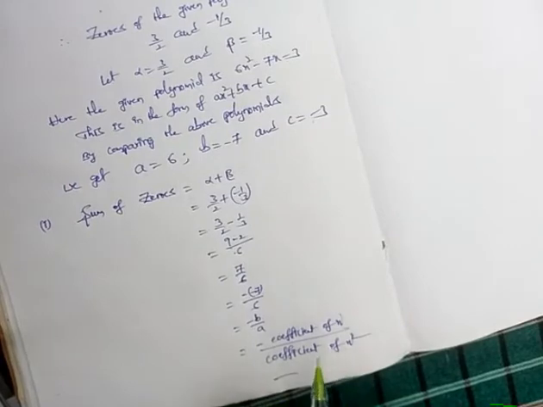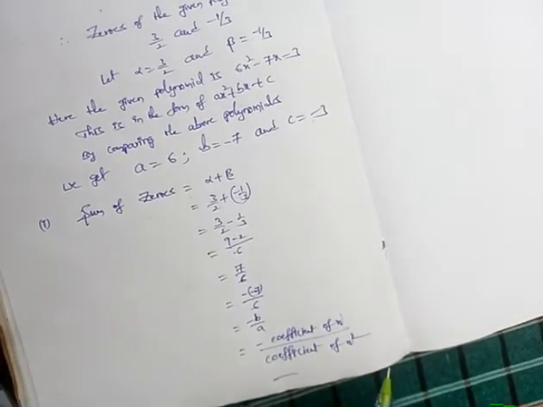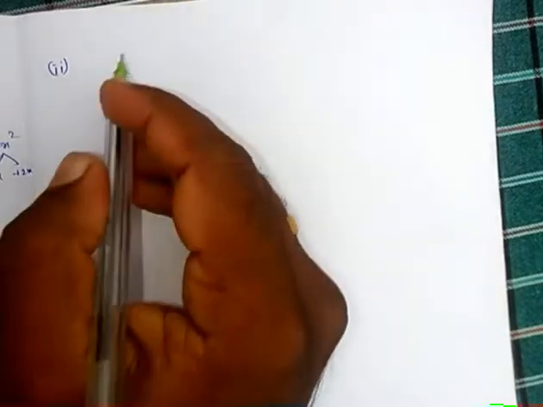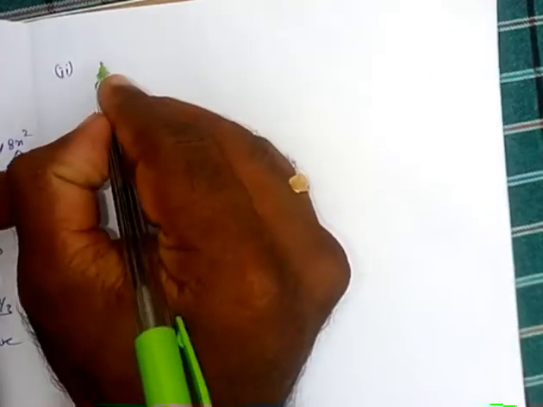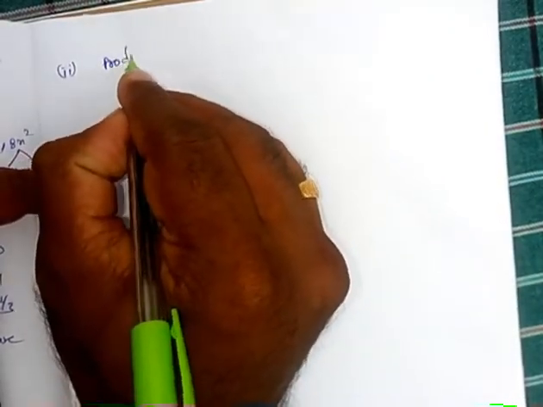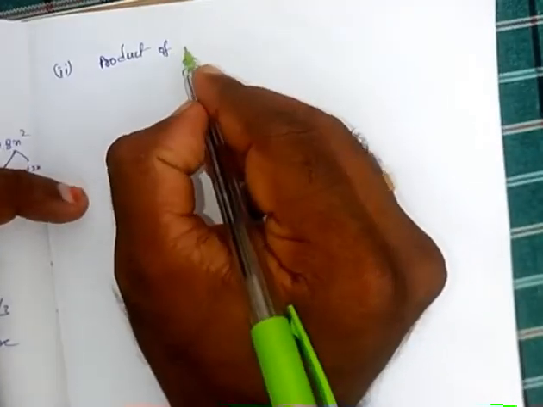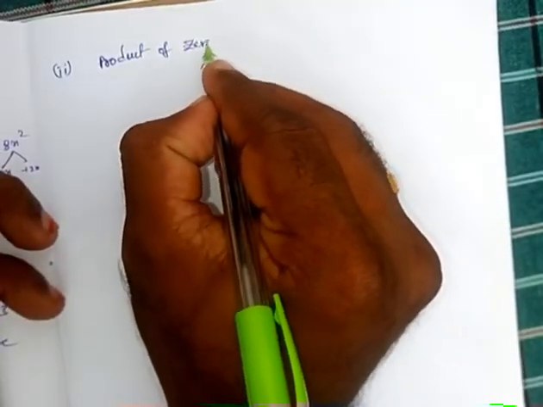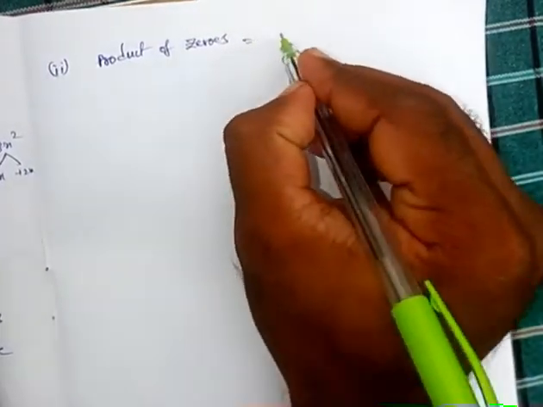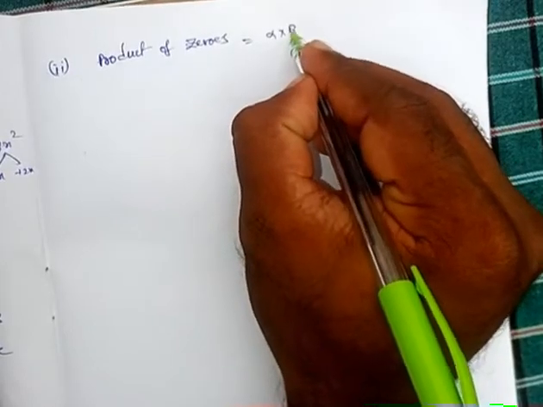Okay, now verify the second one also, that is product of zeros. Product of zeros equal to alpha into beta.